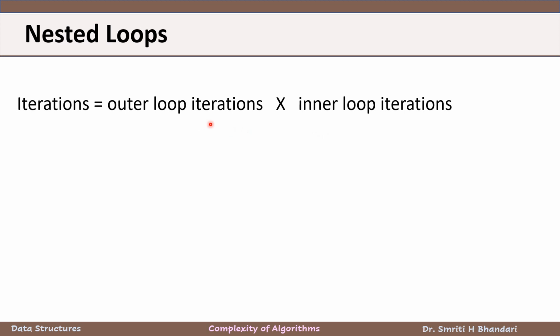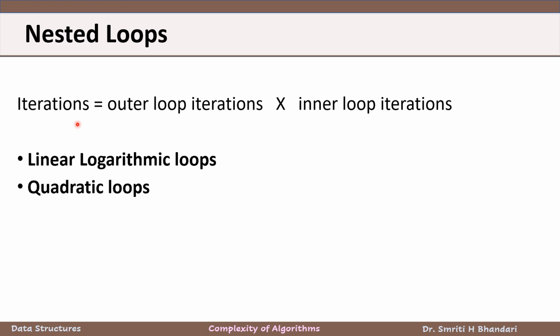So multiplication of both these iterations would be the number of iterations required in the case of nested loops. We may have several kinds of nested loops: linear logarithmic loops, quadratic loops, or dependent quadratic loops, right? So let's see the complexity in the case of all these different kinds of nested loops.